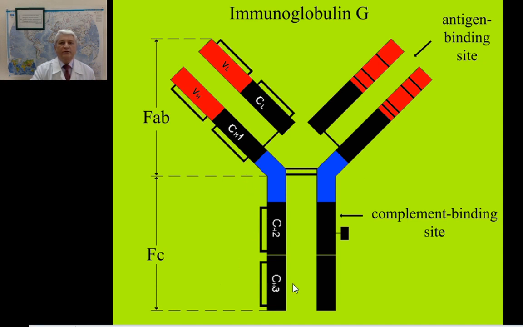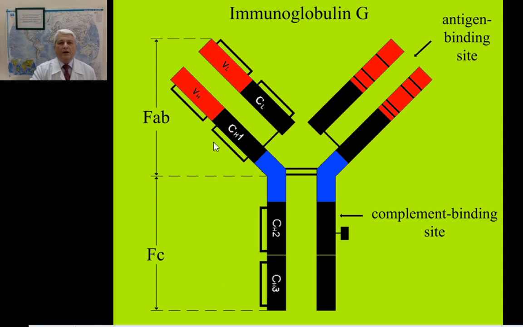If you divide 150 thousand by 12, you will receive the molecular mass of one domain, and then you can simply calculate the molecular mass of heavy chain and light chain. Heavy chain 50 thousand, second 50 thousand, and light chain 25 thousand and 25 thousand. So in the whole we have 150 thousand.